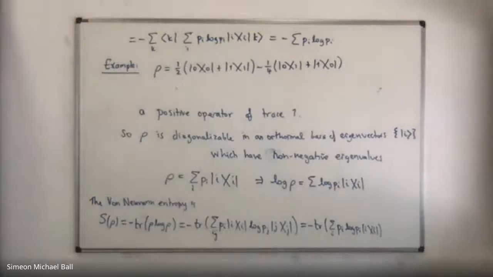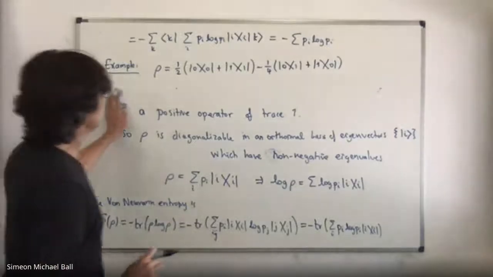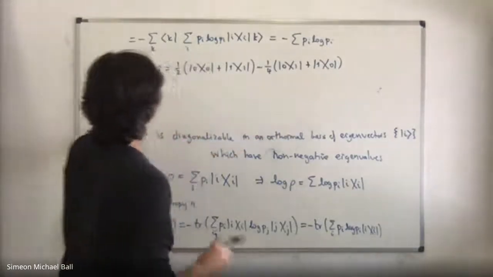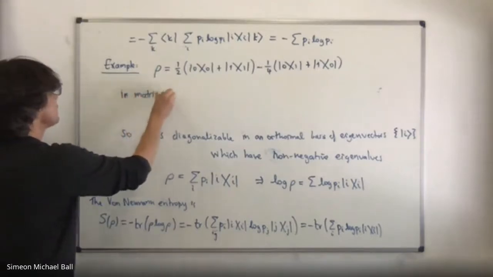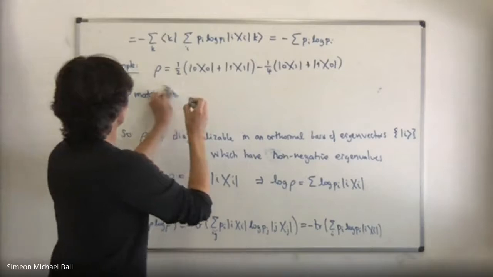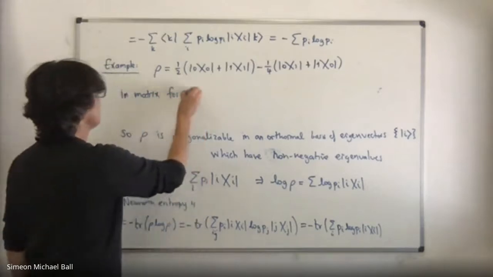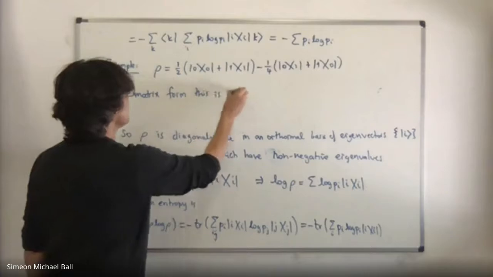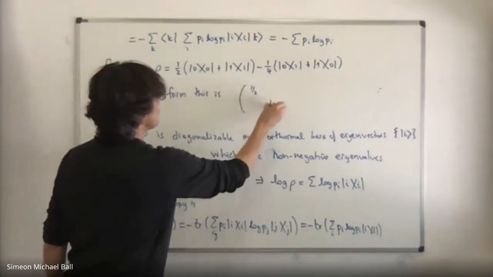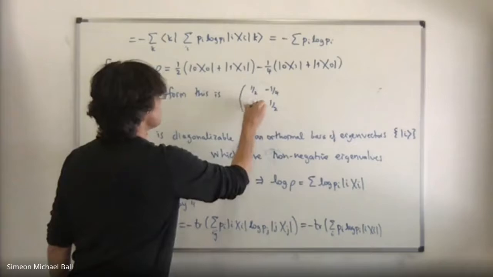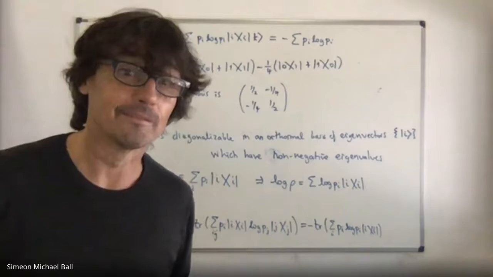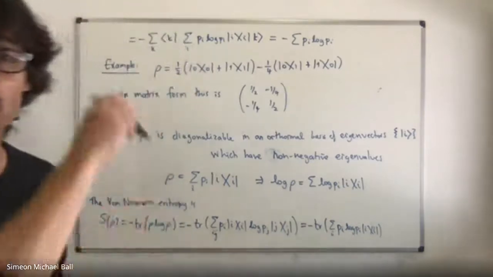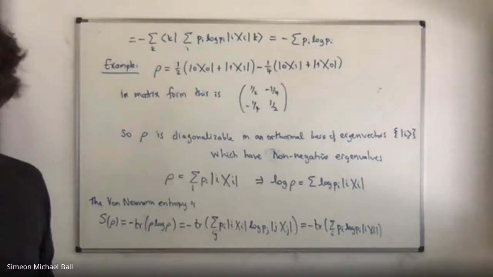Okay, there's my attempt at a density operator. Let's really see that. Well, first, in matrix form, this is 1/2, minus a quarter, minus a quarter. So the good news is the trace is 1. We can just use the old add up the things on the diagonal. We see the trace is 1.